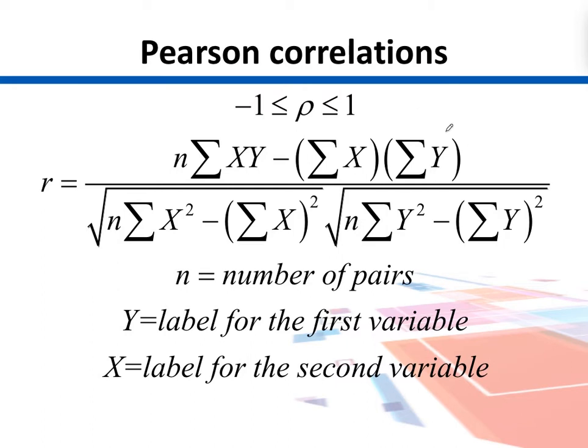We can calculate the magnitude of this relationship, the correlation, through this variable r, small r, and this form is called the Pearson correlation. This is how it is calculated: n times the sum over x and y, the product of these two variables.